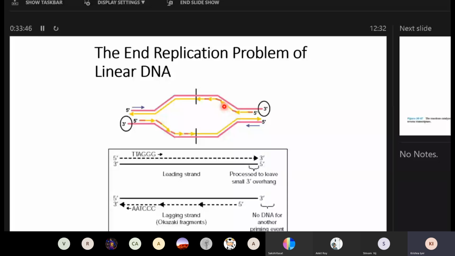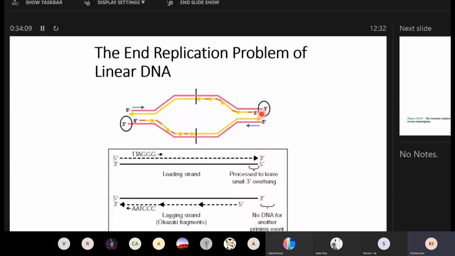Similarly here, I have no trouble filling this with DNA because I have a 3' OH to add to. Now see what happens to the last primer. This piece of RNA, when it is removed, if I want to replace it with DNA, my polymerase has this unique problem that it can only add to a 3' OH end. It cannot start from nothing.